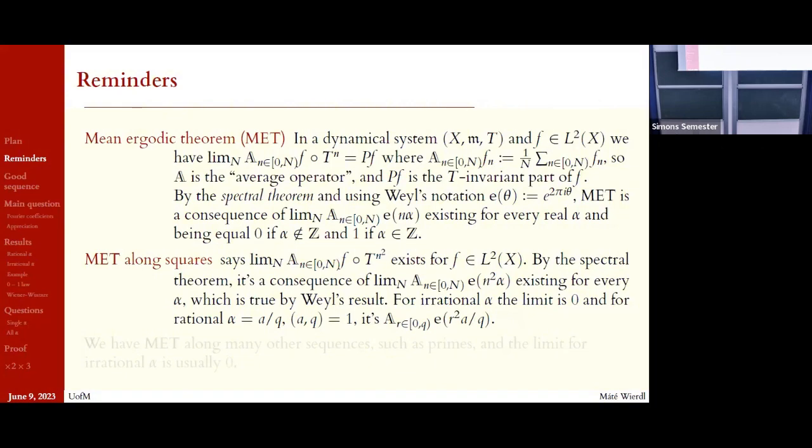There is a mean ergodic theorem along many other sequences we know, such as the primes, and the limit of these exponential sums, or Fourier transform of the sequence, is usually 0 for irrational α.